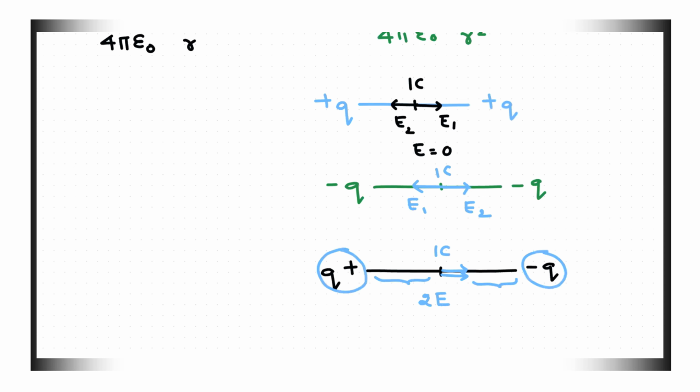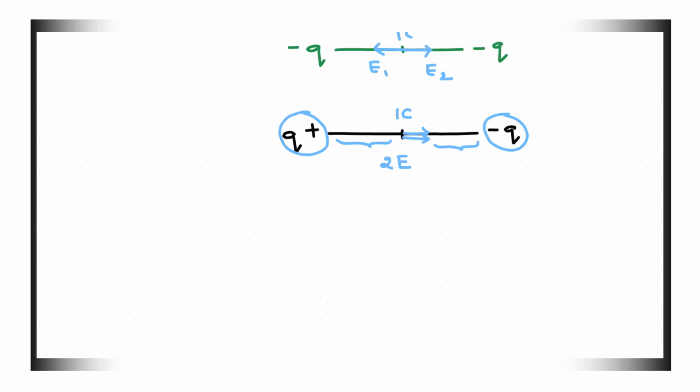What if the magnitude is different? For example, I will take the first charge as 5 into 10 raised to minus 8 and the second as 20 into 10 raised to minus 8, at a distance of 2 meters.